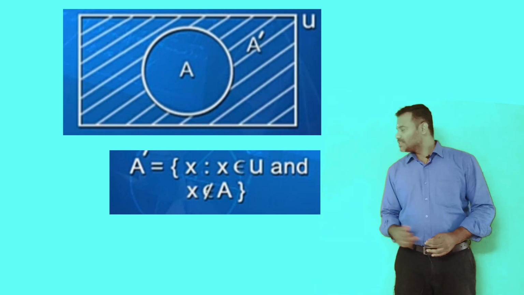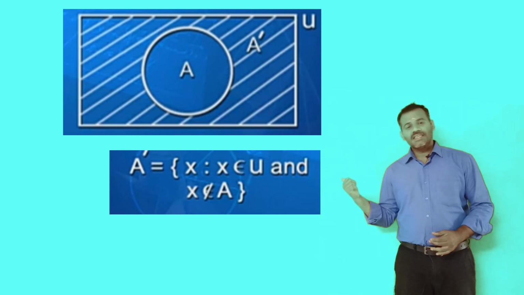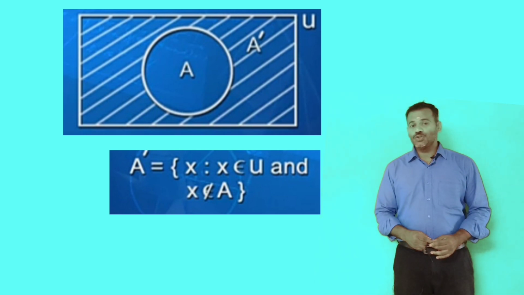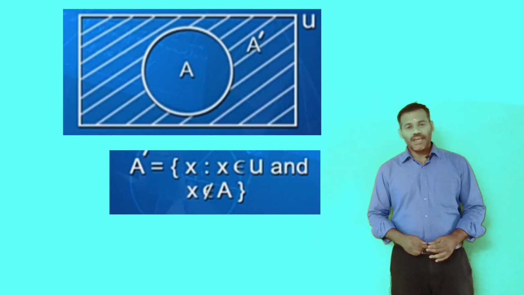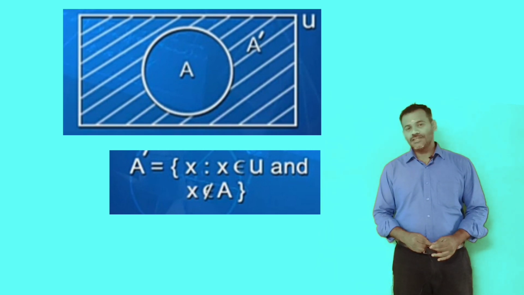It can be mathematically represented as A dash is the set of elements x such that x belongs to U and x does not belong to A. Hope you understand the complement of set.